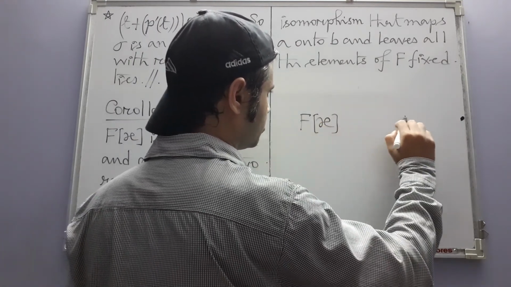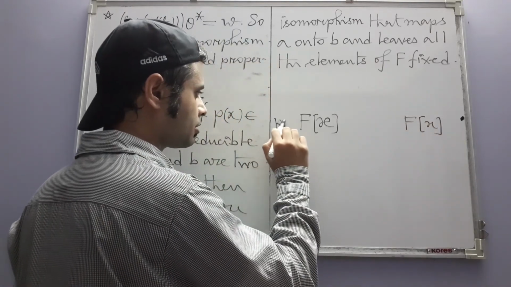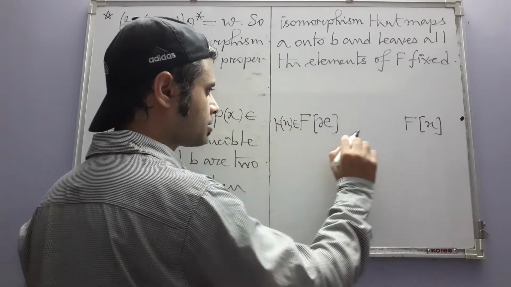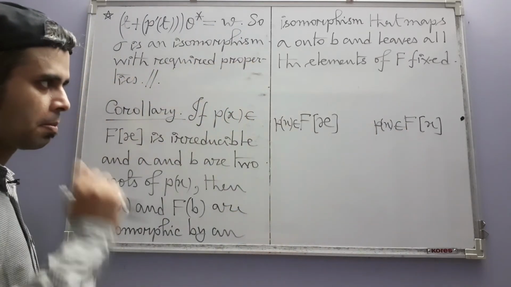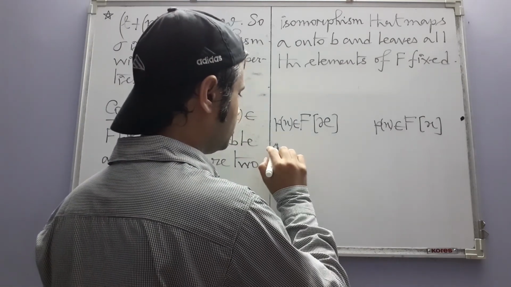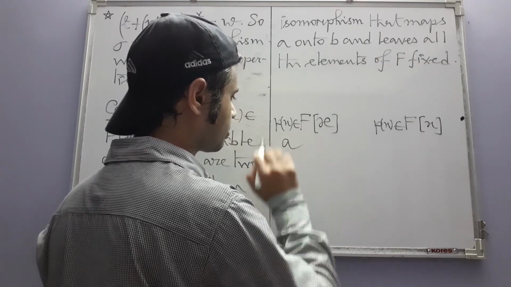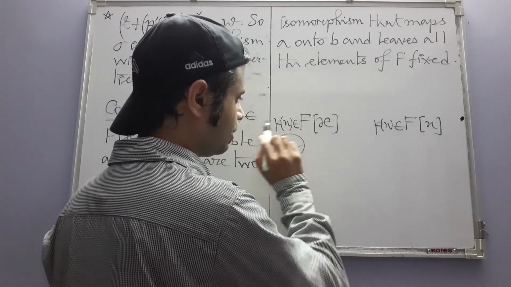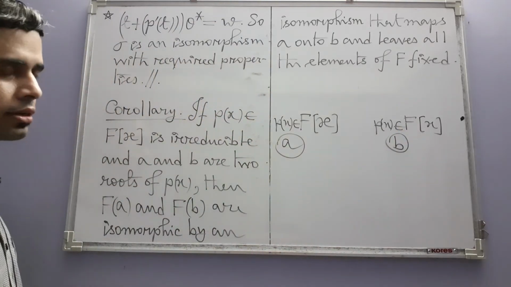So you consider it twice, and the polynomial is also the same, Px, but the roots are different. Here we are considering the root A of Px, here we are considering the root B of Px.